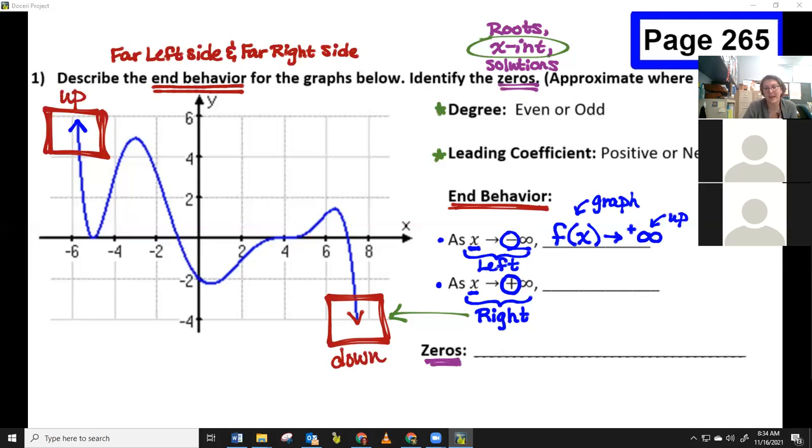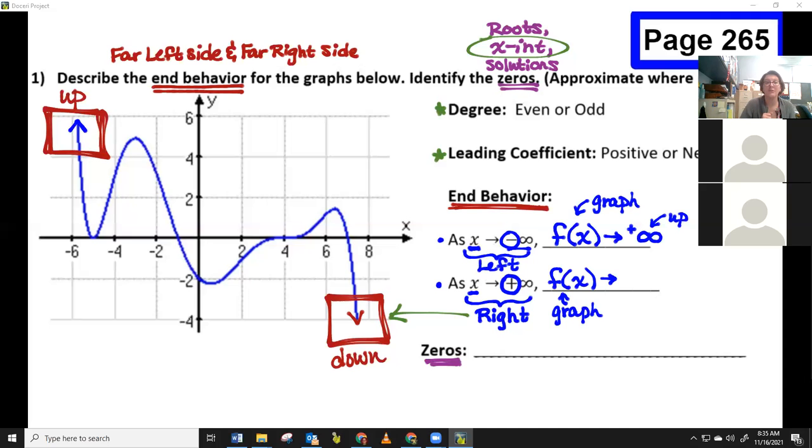So I want to explain that. I want to finish this math sentence. I want to use function notation so that everybody knows I'm talking about the graph. What should I use for my function notation here? F of x, yes. Whatever I called it in the first math sentence, I want everybody to know I'm talking about the same graph. And then I need an arrow. We read this as f of x approaches... When you look down, what kind of numbers do you see when you look down?